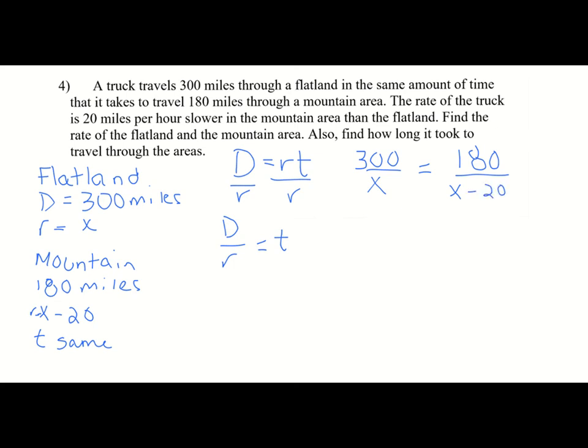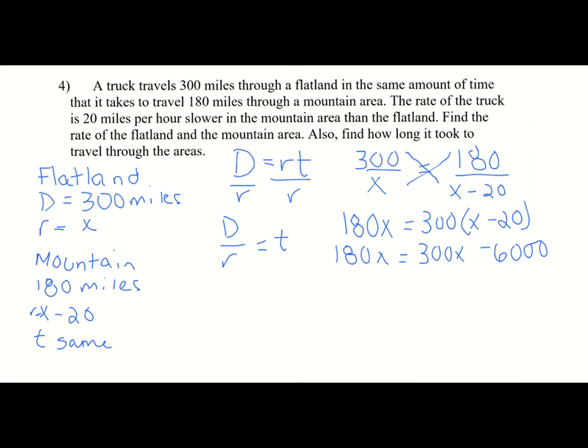Again, it's like a proportion, two ratios equal to each other, so we're going to cross multiply. We're going to have 180x equals 300 times x minus 20. So it gives me 180x equals 300x minus 300 times 20, which gives me 6,000.